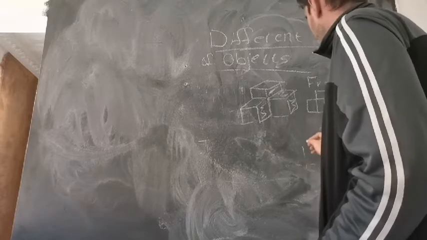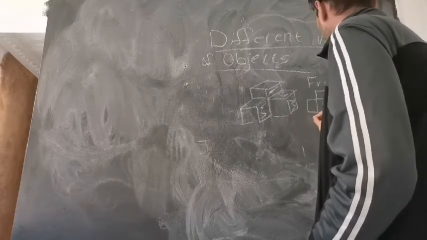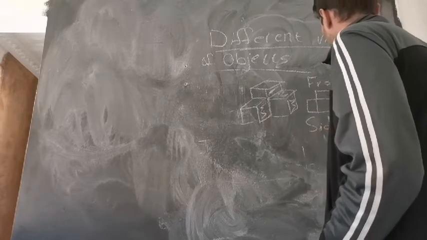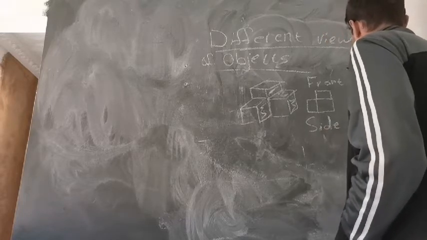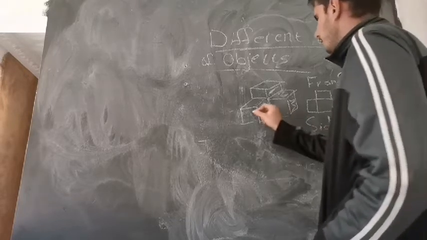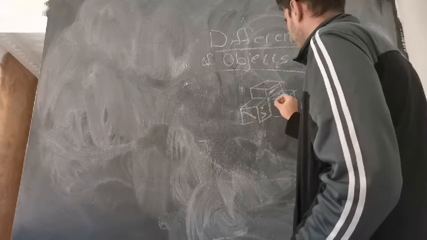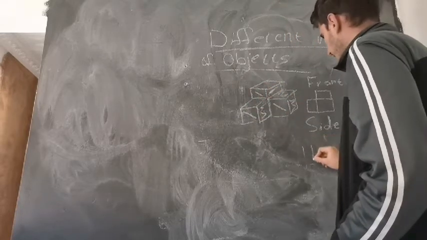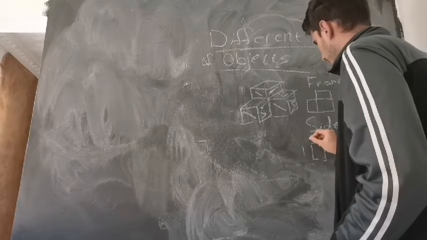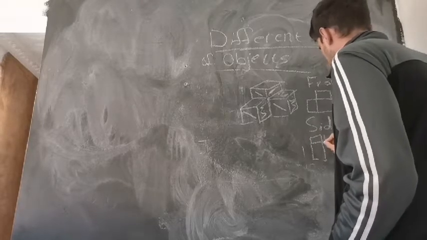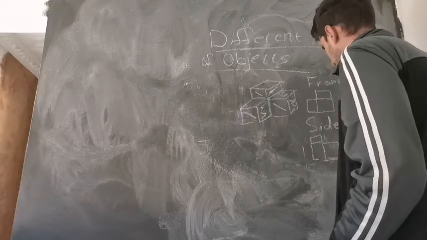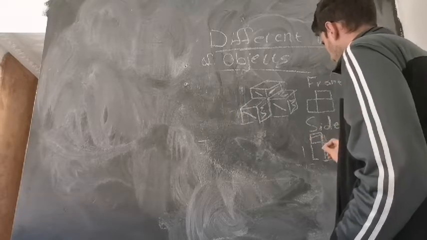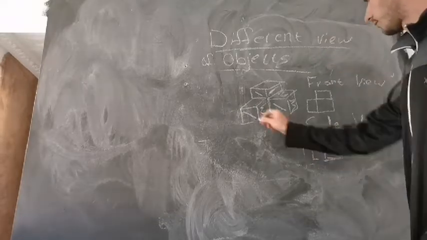Now our side view, we'll see the following. So we are only going to see this, this, and this. Okay, from our side view, as you can see, I'm only seeing these 3.